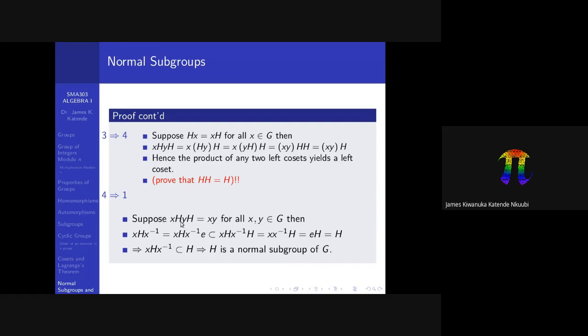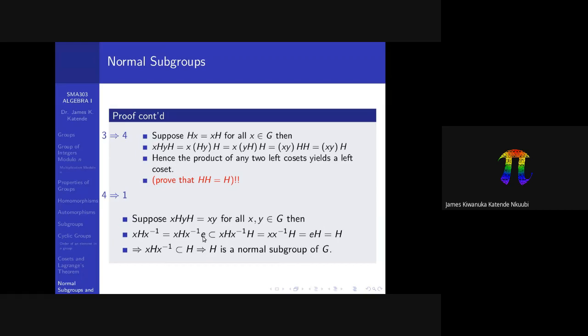So suppose xHyH is equal to xyH for all x, y in G. So we assume that 4 is true and show that it will imply that H is a normal subgroup. If that is the case, then xHx⁻¹ can be written as xHx⁻¹, and you can multiply by the identity because the identity doesn't change anything.